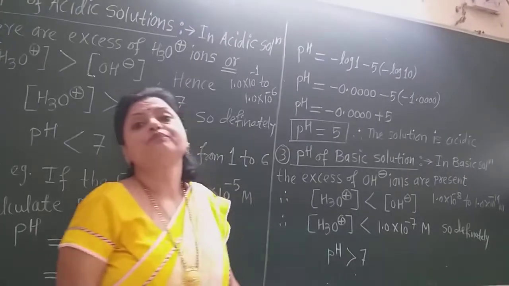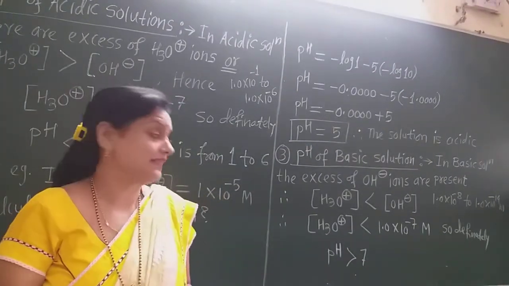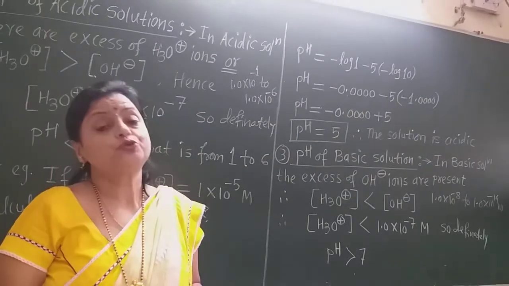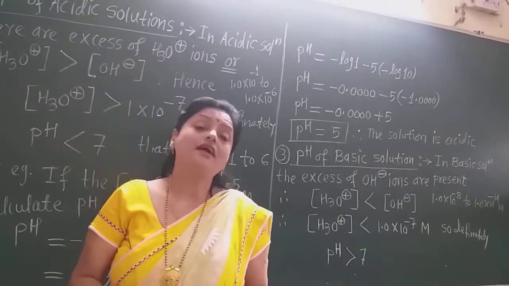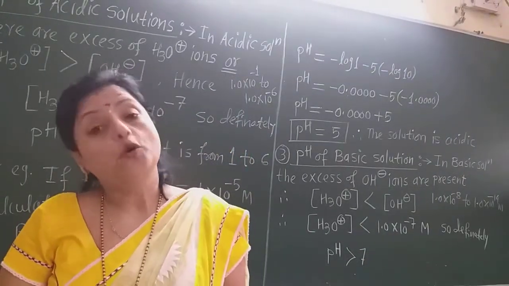Therefore the pH of a basic solution is always greater than 7. Remember that. In this way, students, we can determine the acidity, basicity and neutrality of the solution.